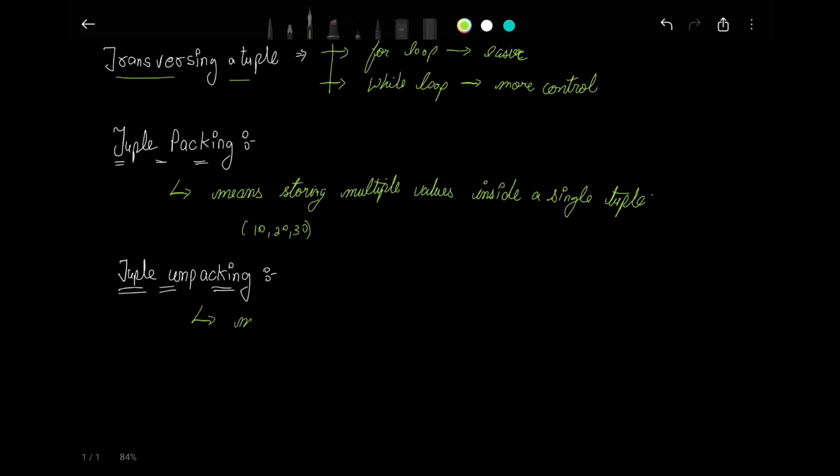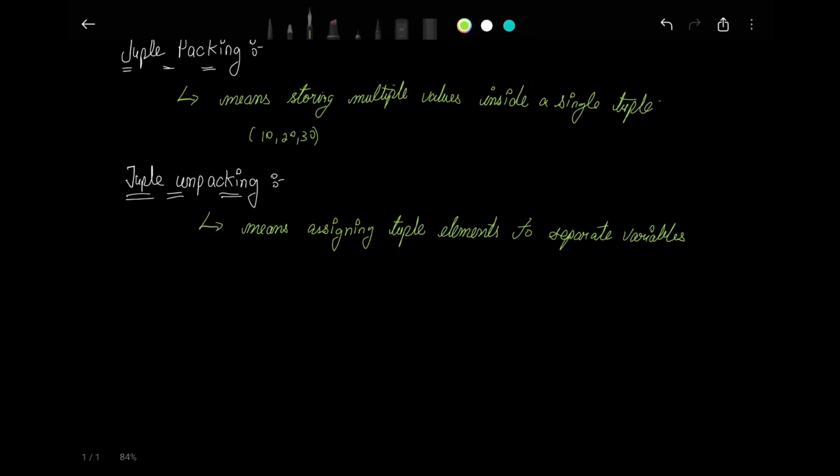Tuple unpacking means assigning tuple elements to separate variables. Instead of accessing elements one by one using indexes, Python can directly assign them to variables.